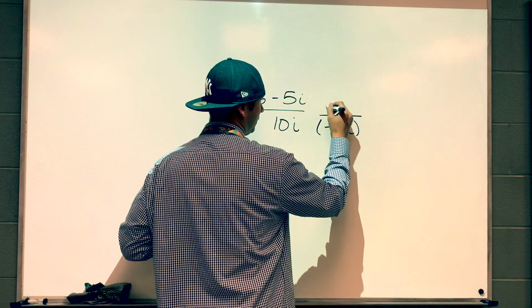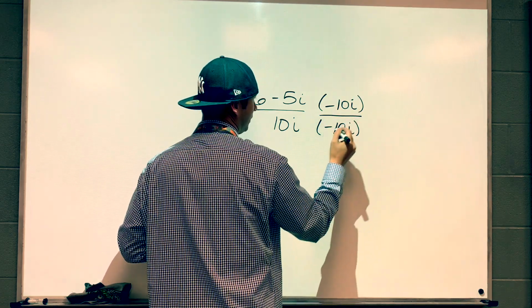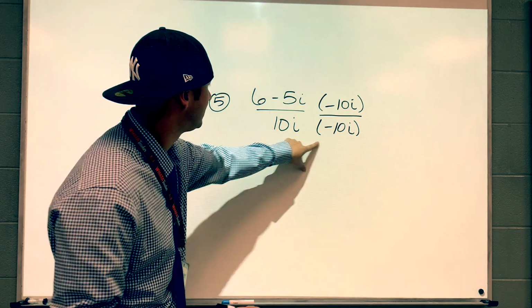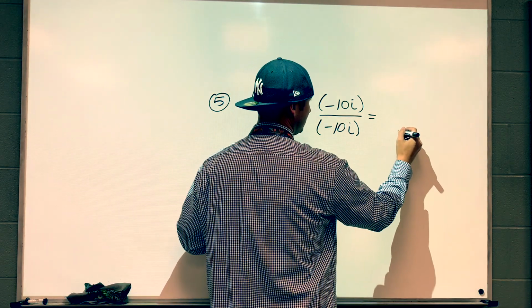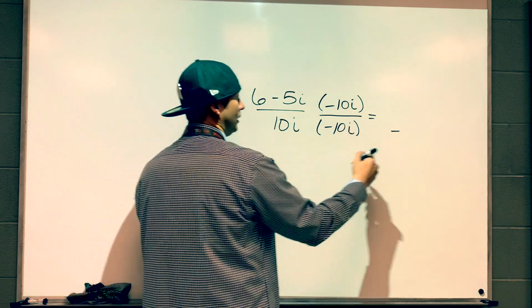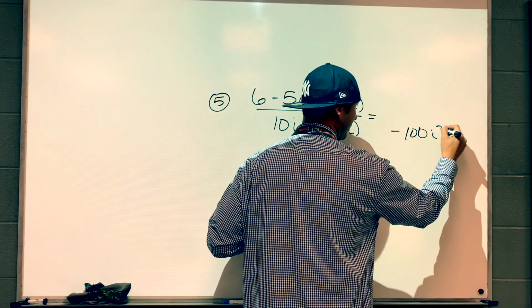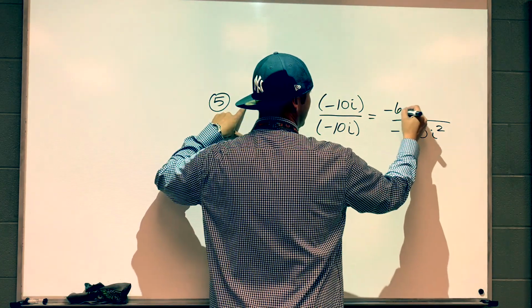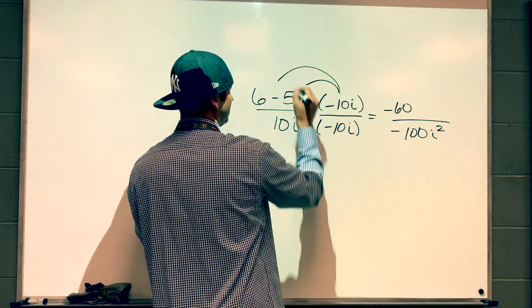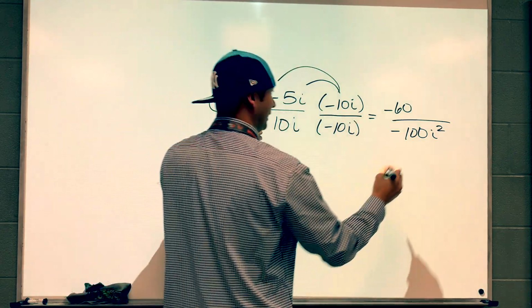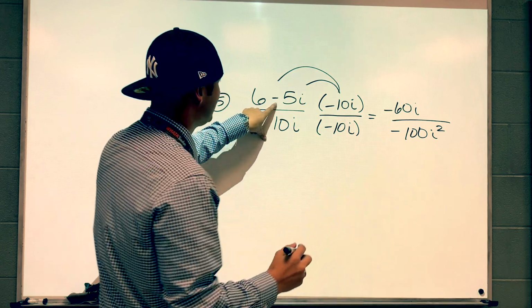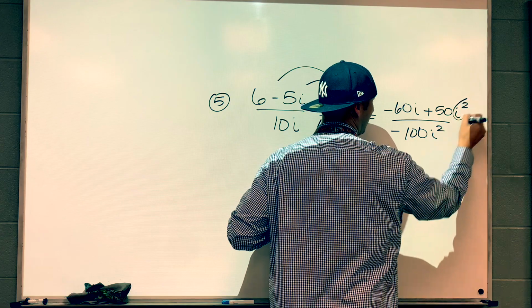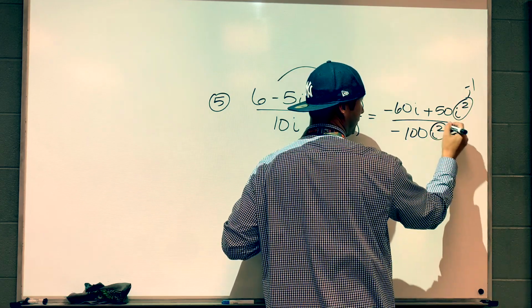So, okay. Bottom times bottom, this is going to be negative, right? -100 I squared over, right, it's going to distribute -60 I positive 50 I squared, but I squared is just -1 in both instances.